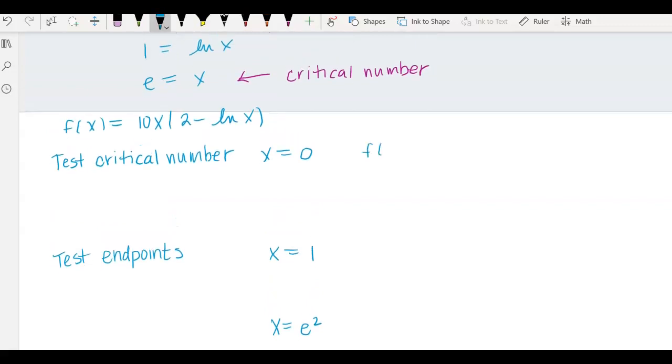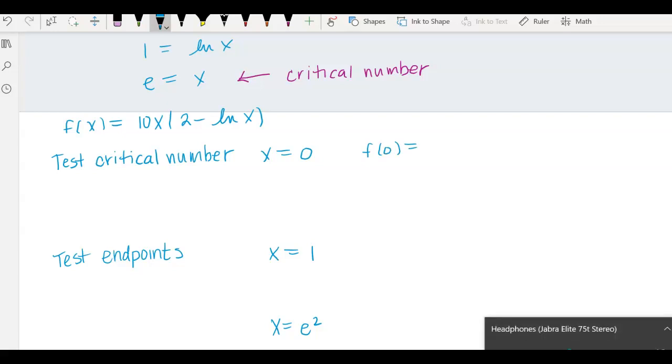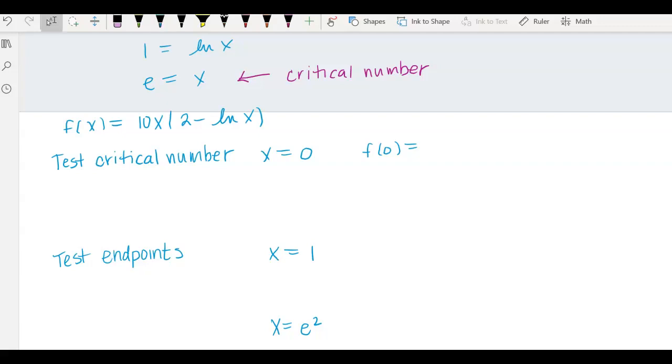So let's see, f of 0 is, why am I testing 0? Pause. When I do crazy things, you got to stop me. Our critical number was at e. I had random things showing up on my screen that got me a little kerfluffled there.